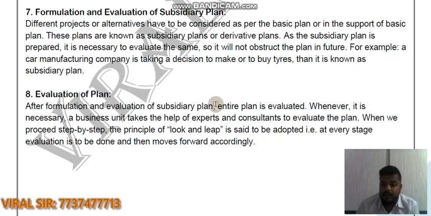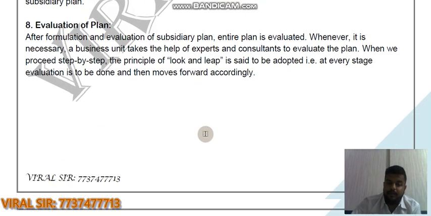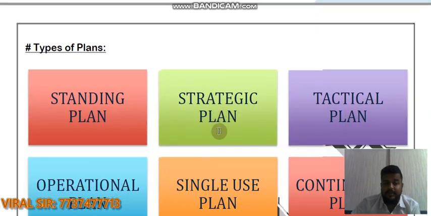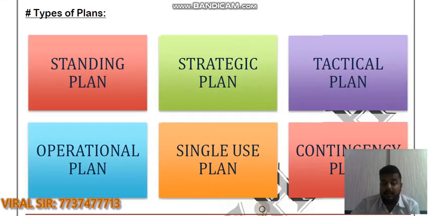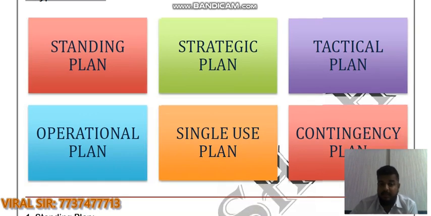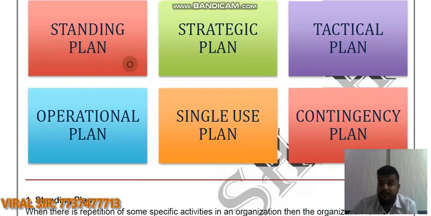Okay, so that was the process of planning. Next is types of plan. Again a 5 mark question. There are six types of plan, that is standing plan, strategic plan, tactical plan, operational plan, single use plan and contingency plan.